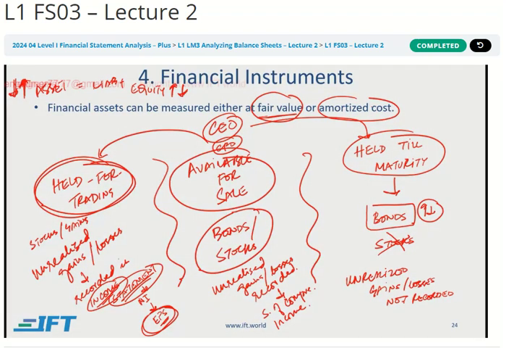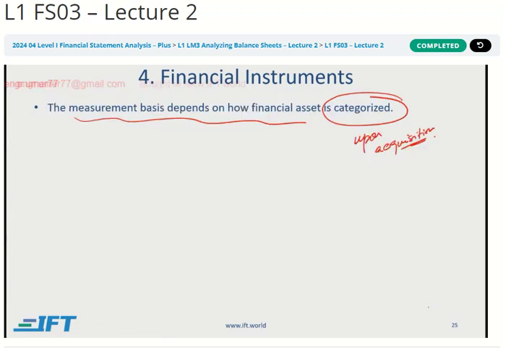However, in the case of available for sale, it does not pass through the income statement. It is recorded in the statement of comprehensive income. So the volatility does not impact your EPS calculation. And of course, in the case of held till maturity, it's not recorded at all. The unrealized gains and losses are not recorded, right? So it's very, very important how you categorize them on your acquisition date.